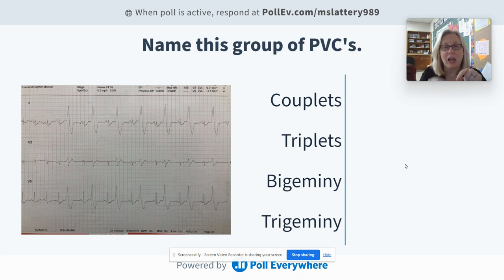Bigeminy meant it came every other beat: regular beat, PVC, regular beat, PVC. Trigeminy meant it came every third beat: regular, regular, PVC, pause. Looking at this EKG, I'm going to give you 10 seconds to figure out which one that is.